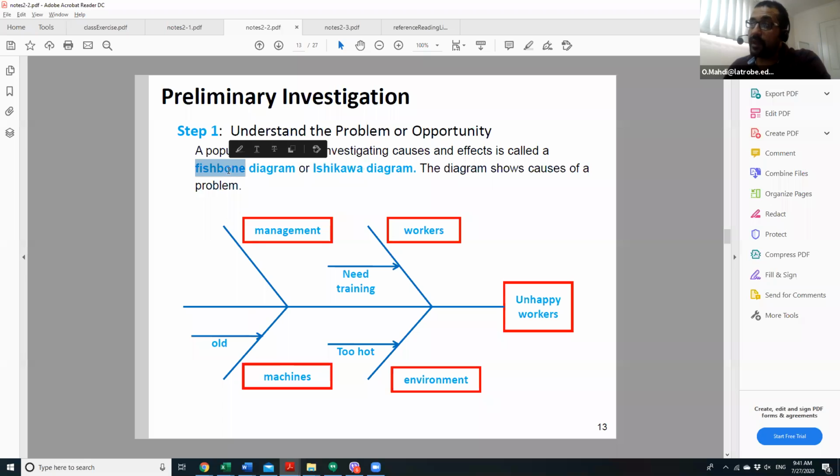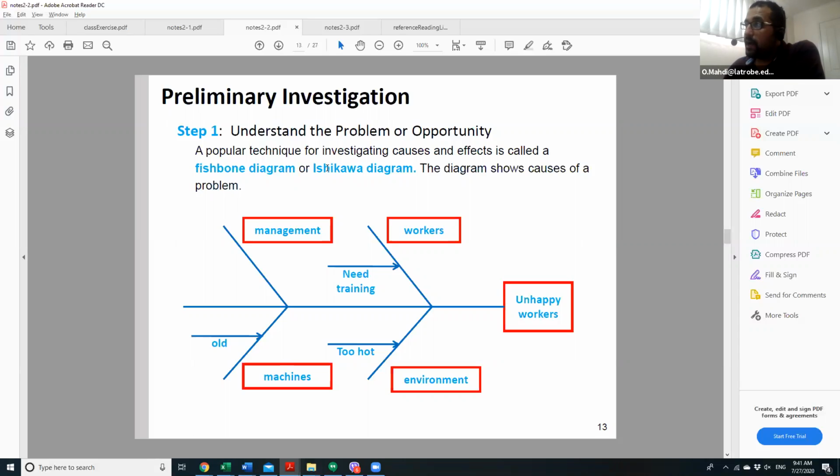Now you may ask why it's called a fishbone diagram. Because at the end, the figure of the diagram looks like the backbone of a fish, exactly the same thing. So it came from this name. Some people call it a fishbone diagram from the shape, or an Ishikawa diagram after the person who came up with the idea.